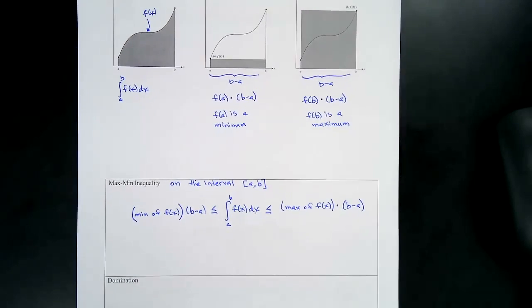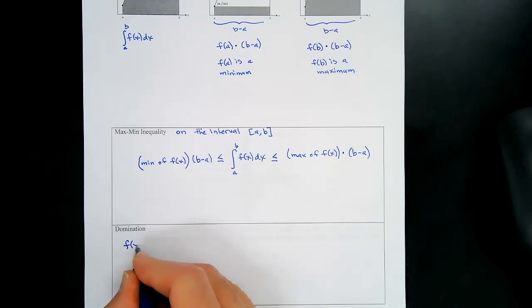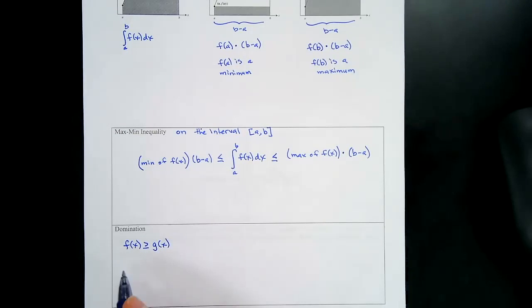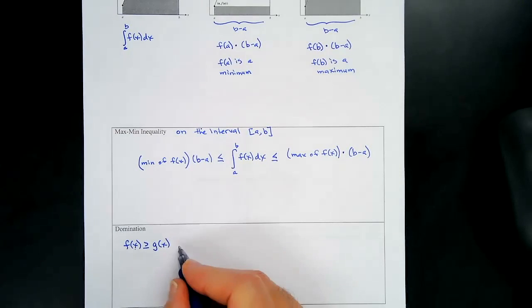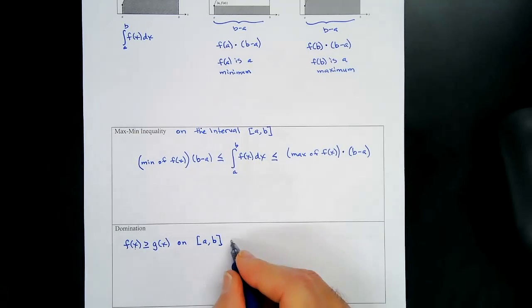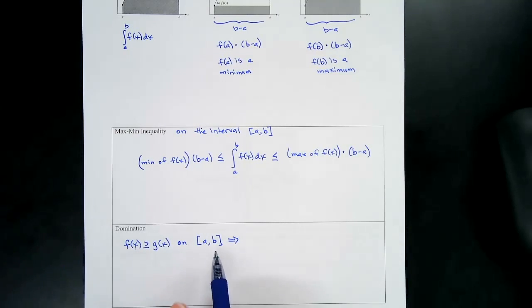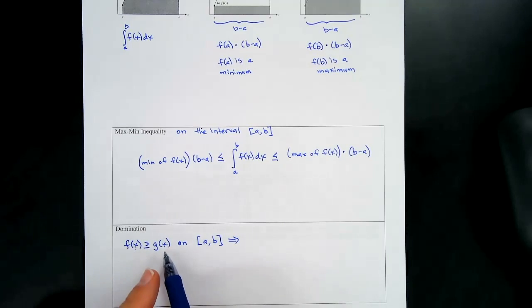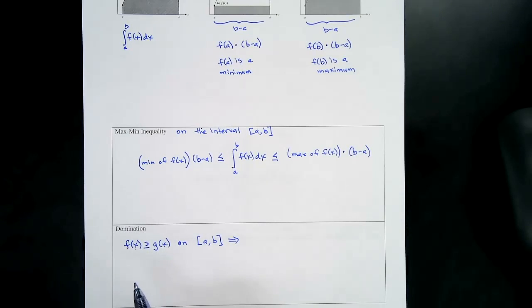Okay, so now let's talk about domination. If f of x is greater than or equal to g of x, so the function f of x is going to be above g of x on the closed interval a to b, what that implies is that if f of x is higher and we're going from a to b on both of them, then the integral from a to b for f of x would have to be larger than the integral from a to b for g of x, because f of x is going to give us bigger heights for our rectangles.